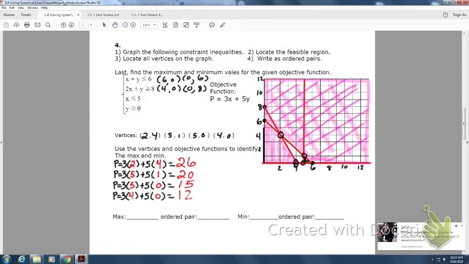We should have found that the maximum was 26 from the ordered pair 2, 4. The minimum is 12 from the ordered pair 4, 0.